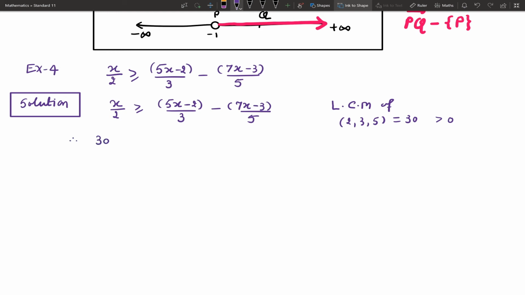So 30 into x by 2, 30 into (5x minus 2) by 3 minus 30 into (7x minus 3) by 5. Now we simplify.